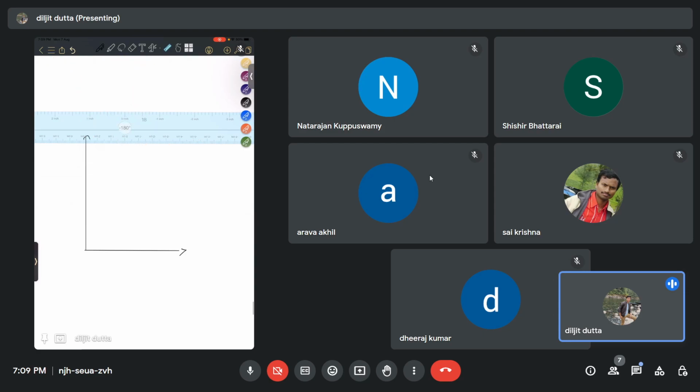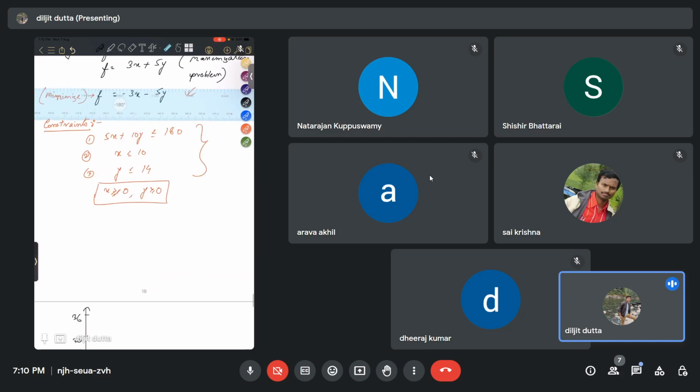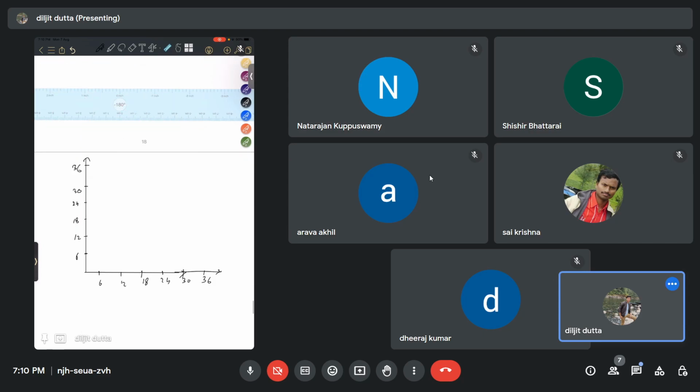So if we take the scale of 6, 12, 18, 24, 30, 36, the intercept values are y equal to 18 and x equal to 36.